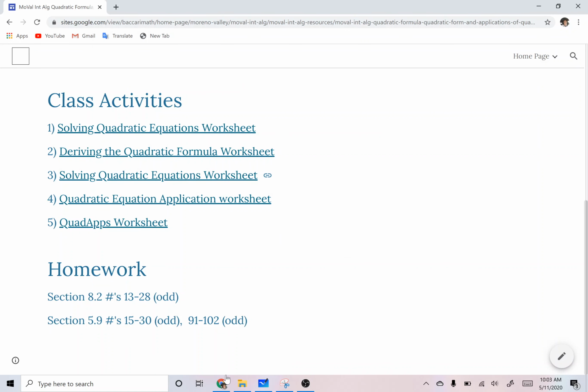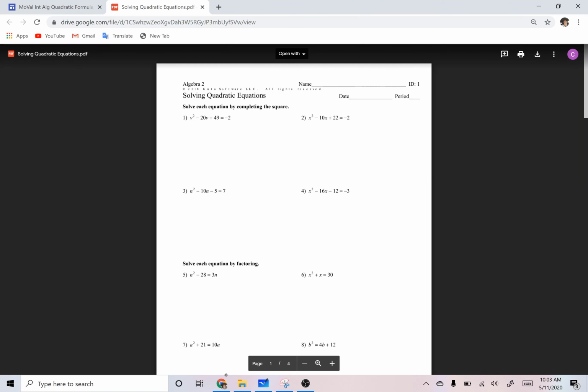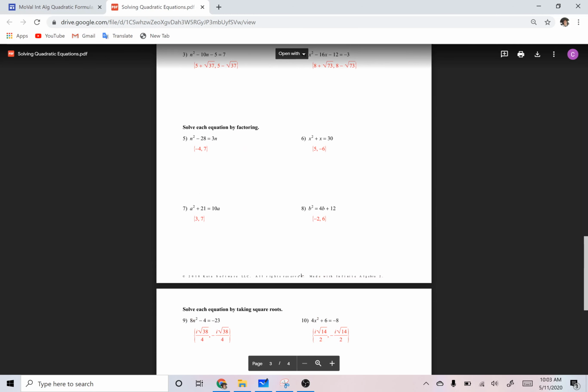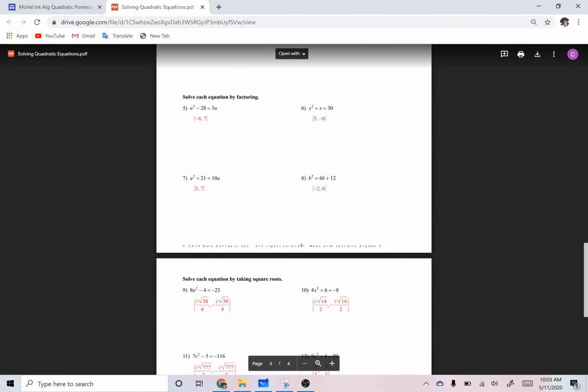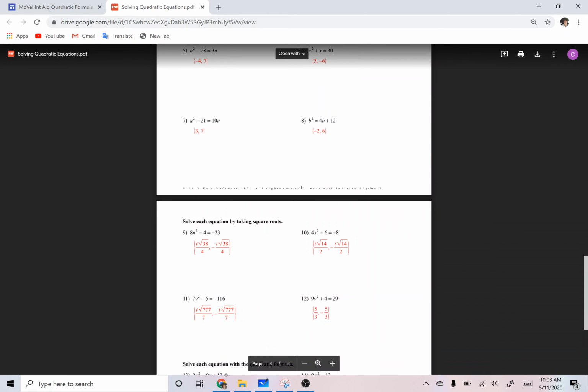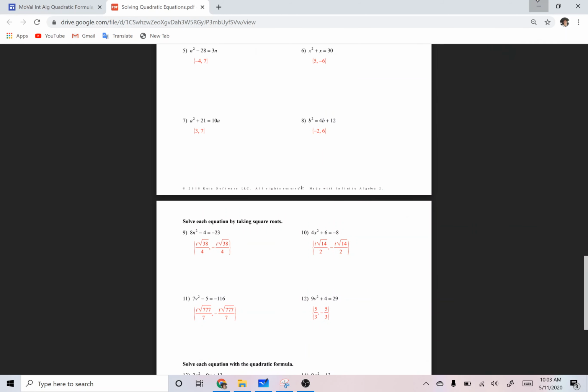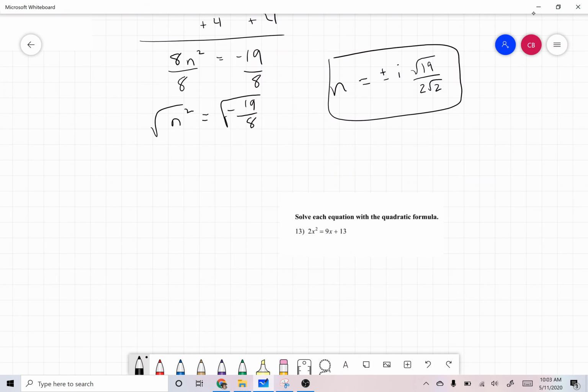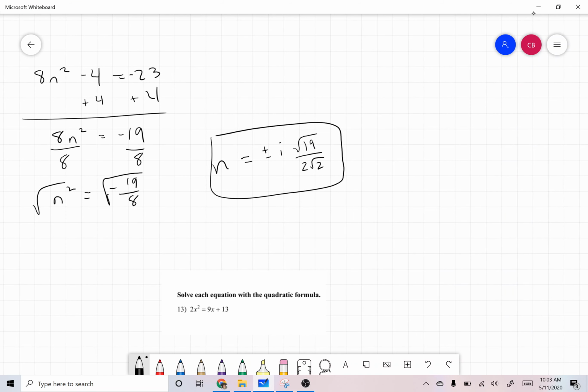If we look at the third one, oh, they have 38. Okay, I know what they did. That's a little different from what I have. They rationalized the denominator.